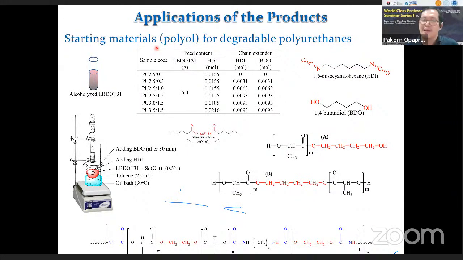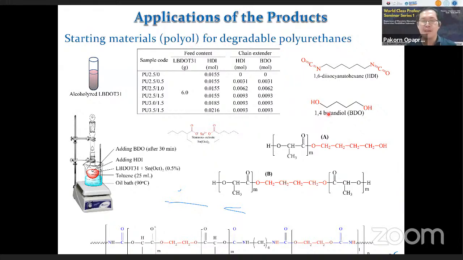So what are the applications of this product that we have? Because the products now have OH groups at both ends of the chain, we call them polyols, but they are polyols that come from PLA, which is degradable. When we talk about polyols, there are many applications for them. One of the common applications is making polyurethane.